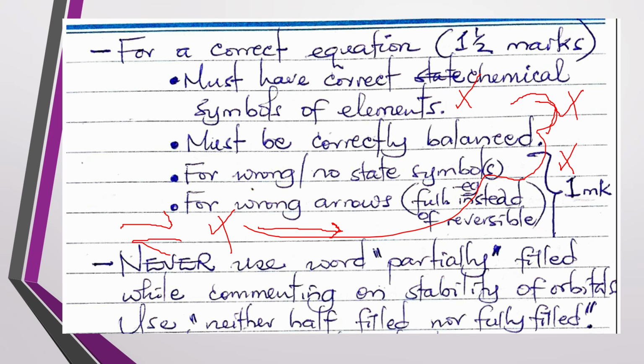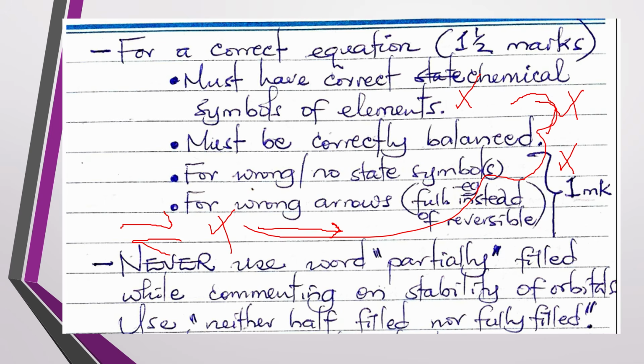So avoid use of wrong arrows. Know when to use reversible arrows and know when to use full arrows. For inorganic equations, if you missed it, you will get only 1 mark on that particular equation. So take note of that.